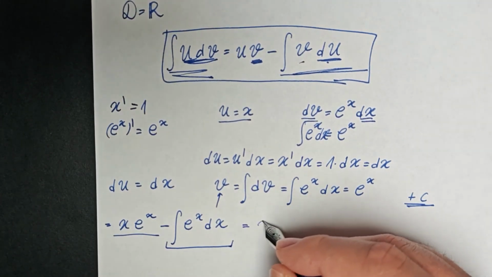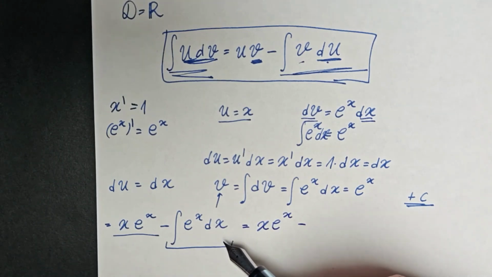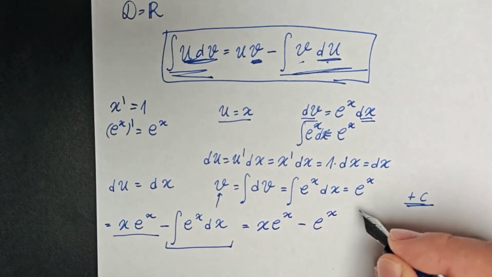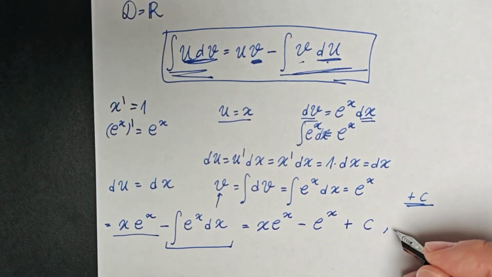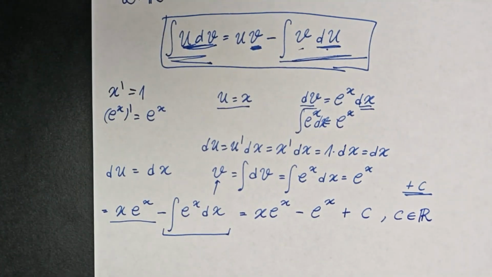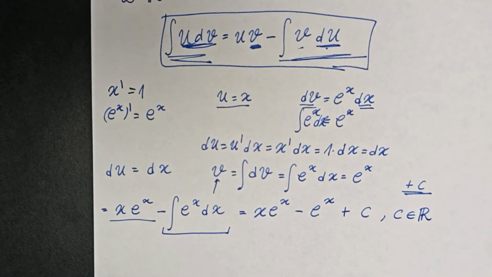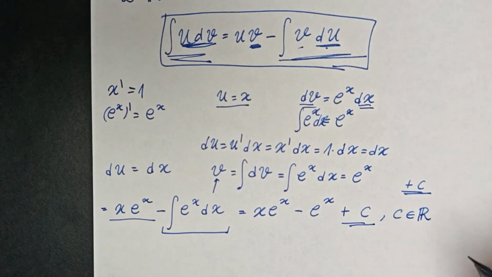This is then equal to x e to the power x minus the integral of e to the power x dx, which is just e to the power x. And now we are going to add that plus c, where c is any real number, that constant of ours. So you see we add that plus c at the very end. Don't forget this plus c at the end because it is important. We have a final solution for our integral.